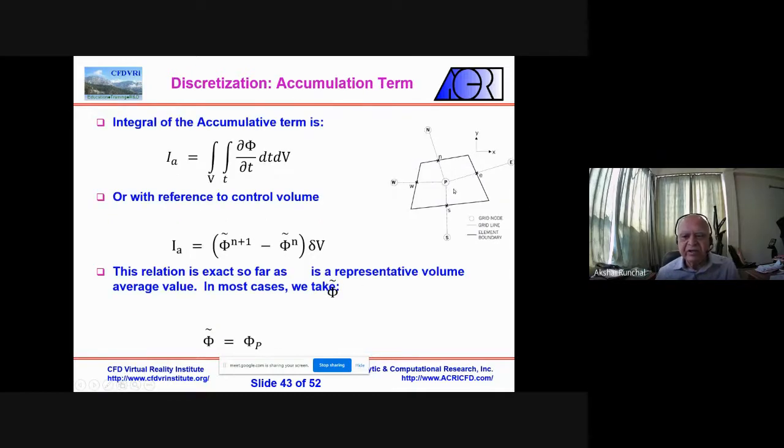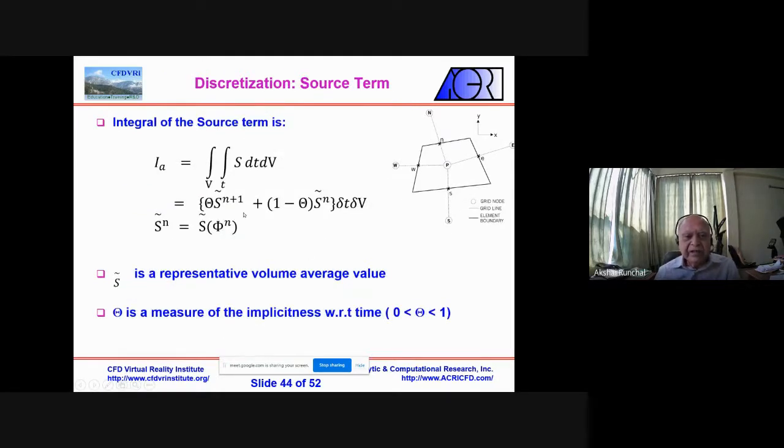So I take a one flow here, and this is basically the integral. It becomes the new value minus the old value is the increase, right? The source is basically the average of the source for this node, okay?